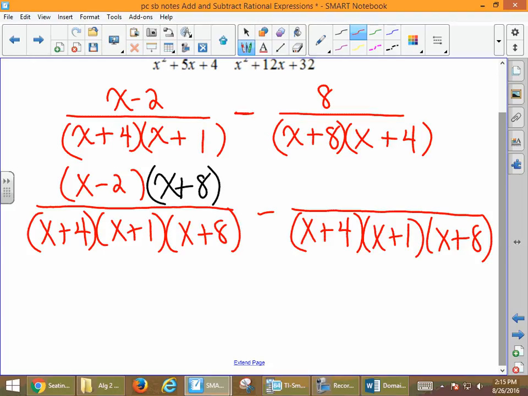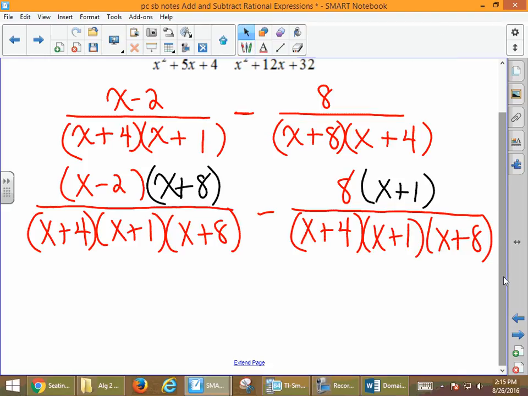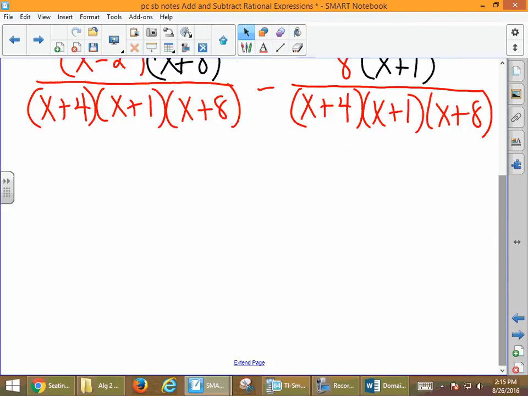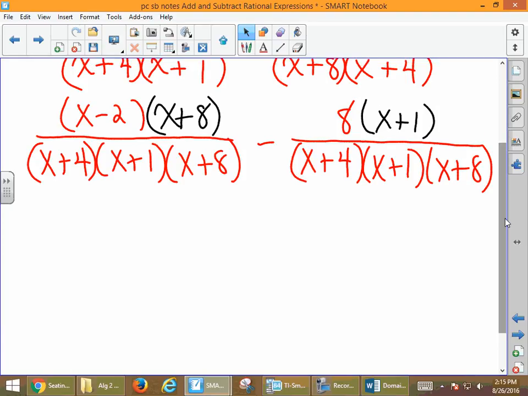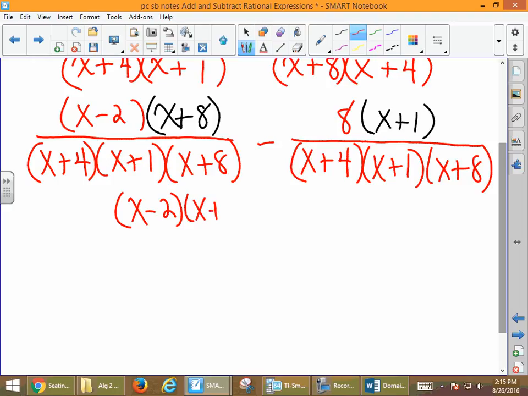Over here on our fraction to the right, there's the x plus 8, there's the x plus 4, so our x plus 1 is what's in there now that wasn't in there before. And I'm going to do my extra step on this one. So we have x minus 2 times x plus 8 minus 8 times x plus 1.